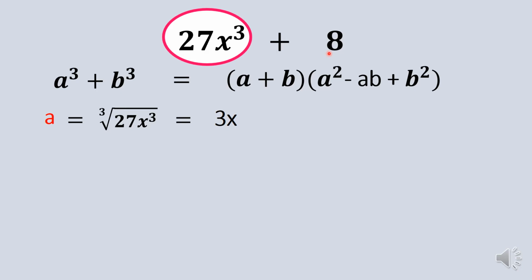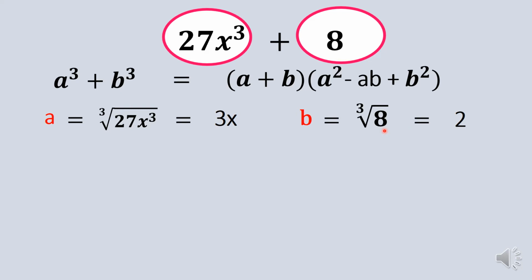Next, our b is the second term, which is 8. We do the same, taking the cube root of 8. Think of a number that, when multiplied by itself three times, gives 8. That is 2.